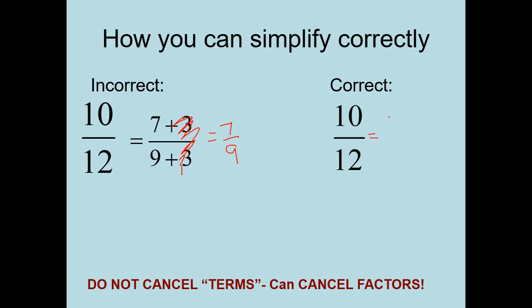Normally what you do is you find a number that they multiply in, right? Like that. So 10 is 5 times 2, 12 is 6 times 2. We can cancel out the 2's, and we get 5 over 6. Okay, so that's why we need to cancel out factors. Factors are multiplied, terms are added and subtracted. So keep that in mind when we are simplifying today.